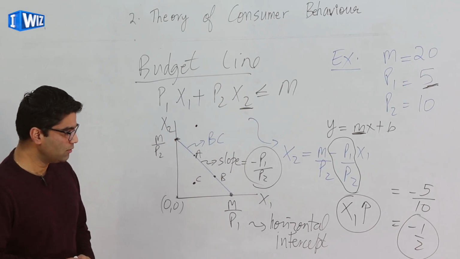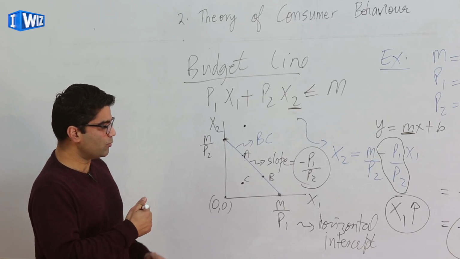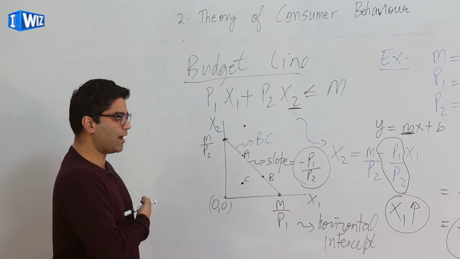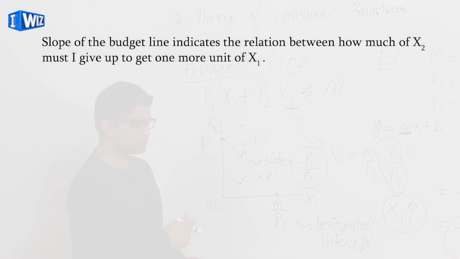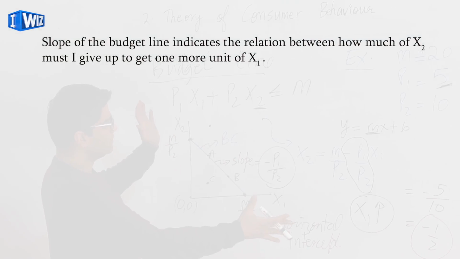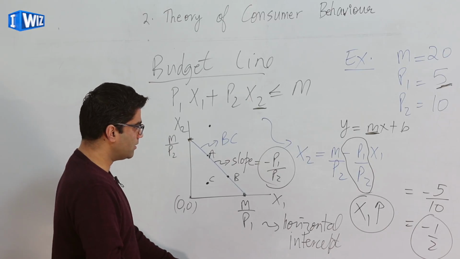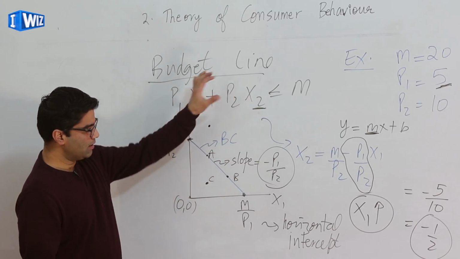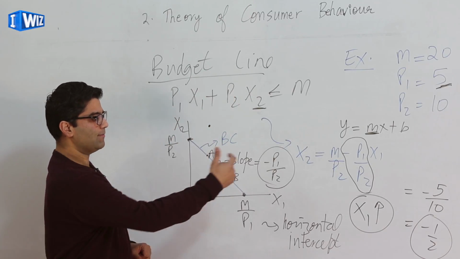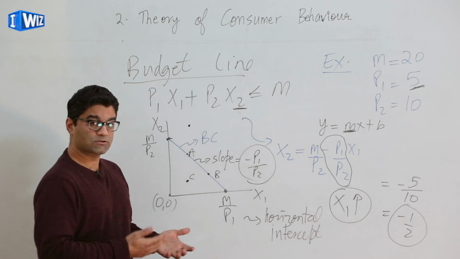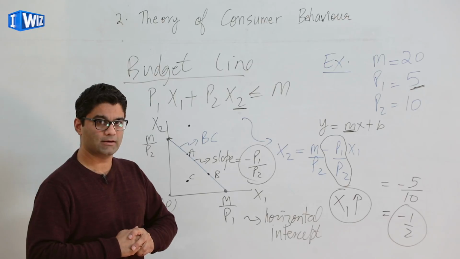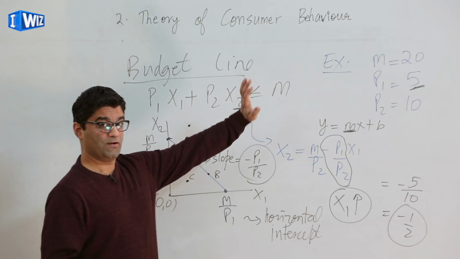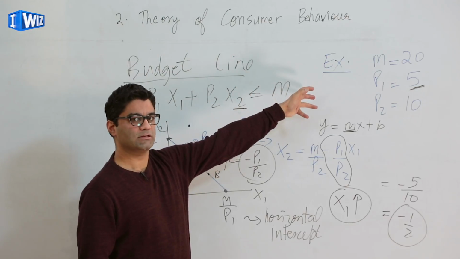It tells you how much of good 2 I must give up to get one more unit of good 1. So make sure you can put all of these different ways to represent the same material in an equation, in a graph, and mathematically: how x1 and x2 and the relationship between the consumption of x1 and x2 are related when you are given a fixed income and some prices.